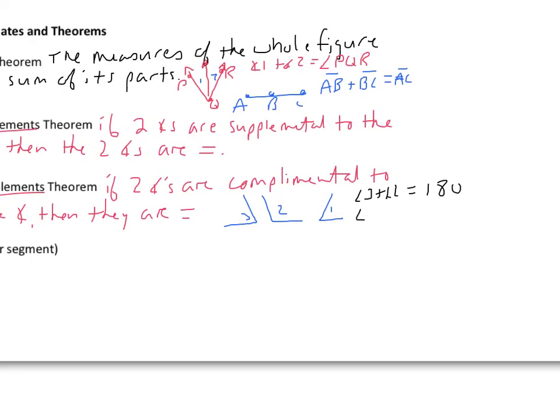But if I say angle 1 plus angle 2 is also equal to 180 degrees, then you can conclude that angle 1 must be equal to angle 3, because both of these angles, 1 and 3, plus angle 2 add up to 180, so they must be the same measure. And this ends Section 4, Video 1.